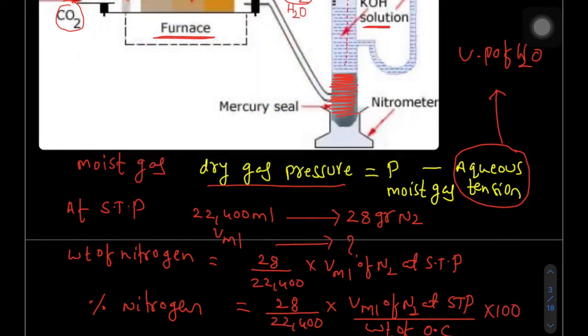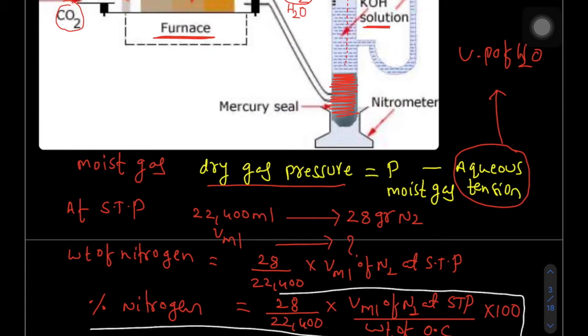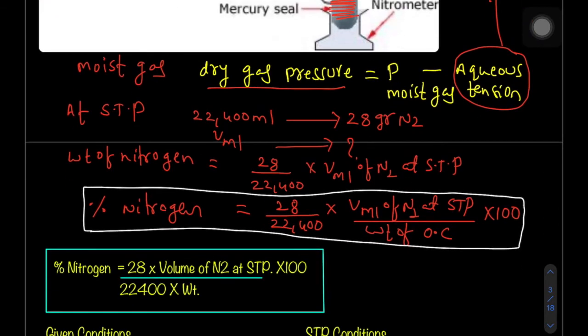So finally you will get the percentage of nitrogen present in the given organic compound. This is the direct formula. Now I am writing this formula: 28 divided by 22,400 into the volume of nitrogen at STP divided by the weight of organic compound multiplied by 100.